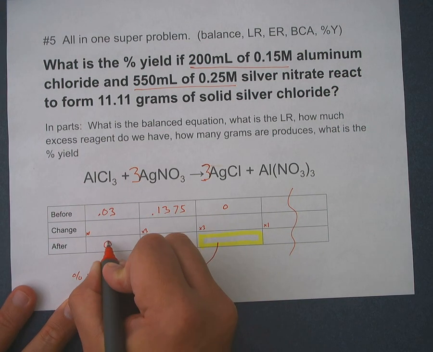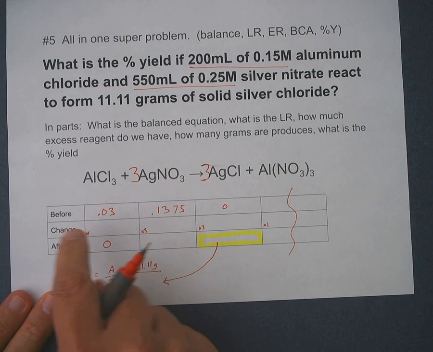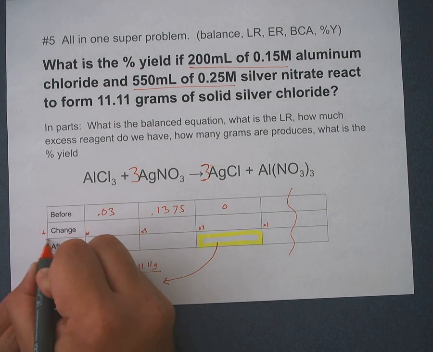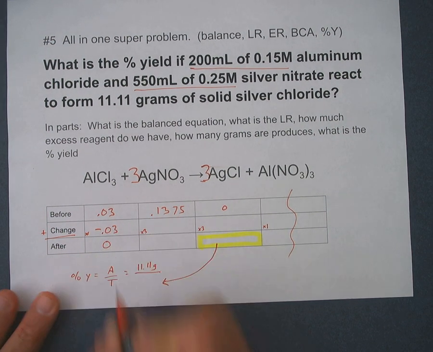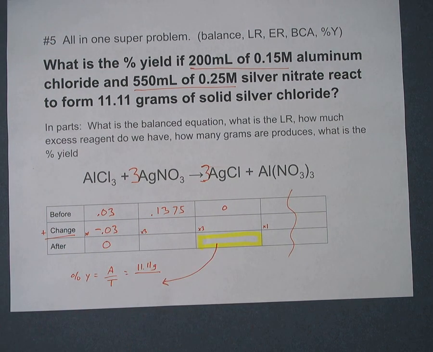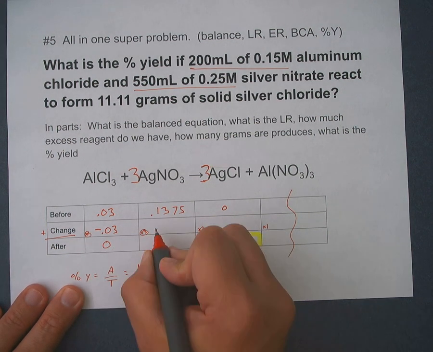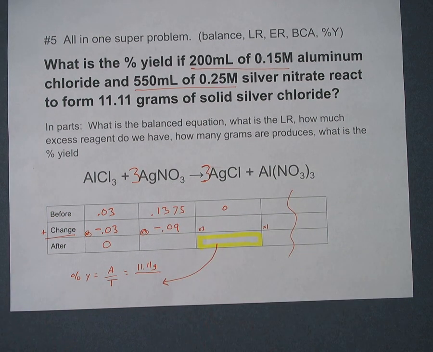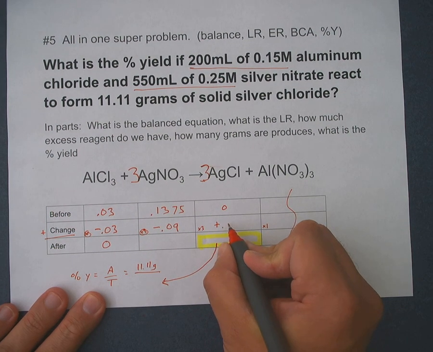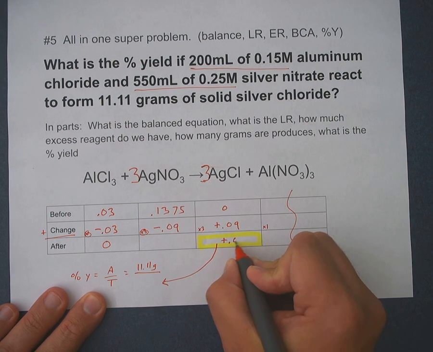I know that this is going to be the 0. So I'm now going to take, remember, B plus C always equals A, so this must be negative 0.03. And because this change is triple this change, I know this is going to be negative 0.09. And this will be positive 0.09 and positive 0.09.